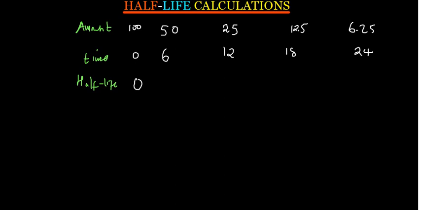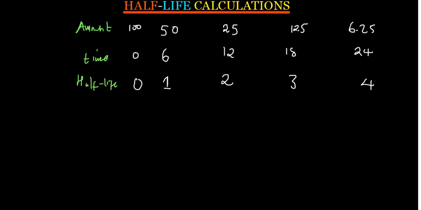But when we moved from 100 to 50, there is only one half-life. When we moved from 50 to 25, there is another half-life. So one half-life plus the other half-life gives us two half-lives. And then here this is going to be three half-lives, and this is going to be four half-lives.